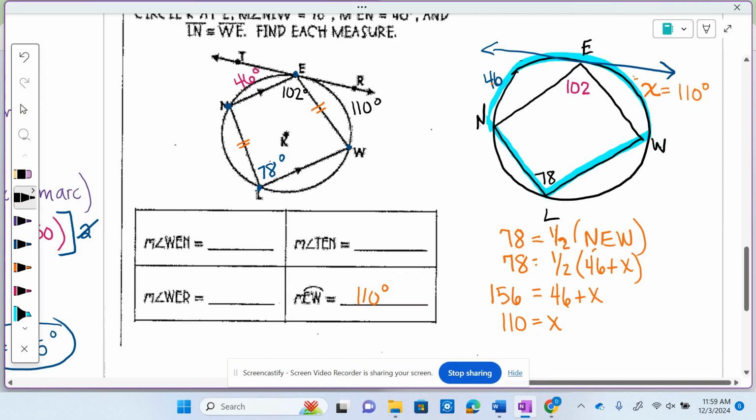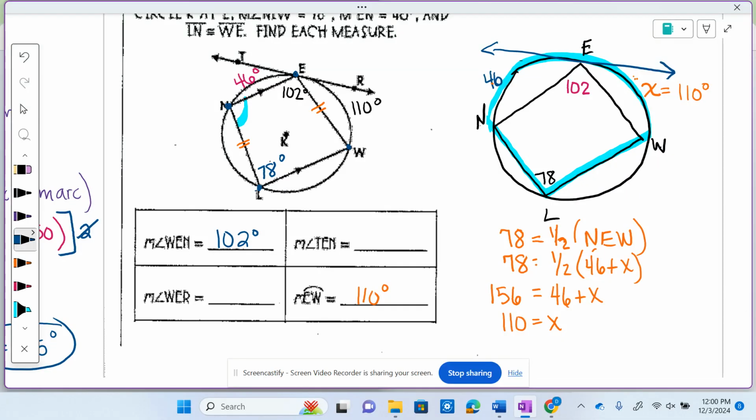Could we figure out the measure of this angle right here? Do we have enough information? Wait, we already have another answer, don't we? WEN, yeah, 102. Do we have enough information to figure out that little highlighted blue angle, angle N? What do we know about congruent chords? Congruent chords cut off congruent what?